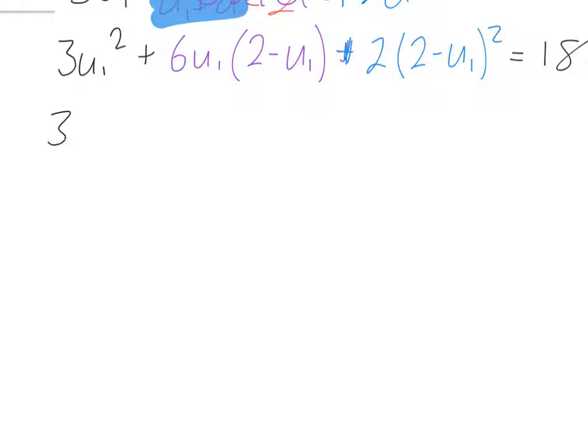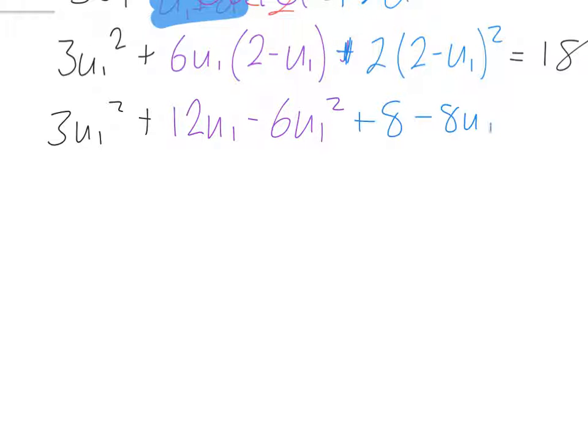So this is 3u1 squared plus 12u1 minus 6u1 squared plus 2 lots of (2 minus u1) squared. 2 minus u1 squared we can do in our head. 4 times 2 is 8, minus 4u1 times 2 is minus 8u1, plus u1 squared times 2 is 2u1 squared.